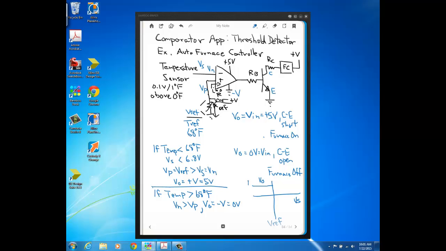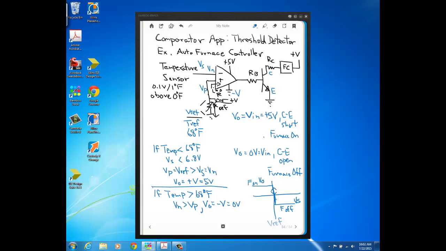So this is furnace on. And when our input voltage is more than the reference, that's when we're going to have the furnace off.